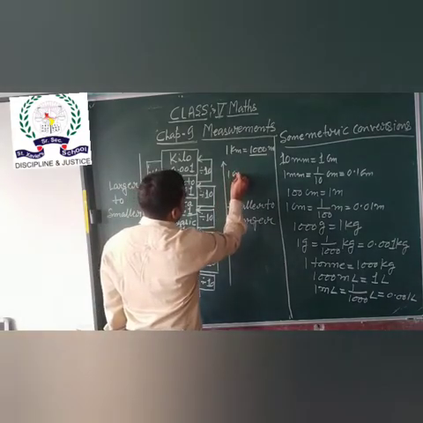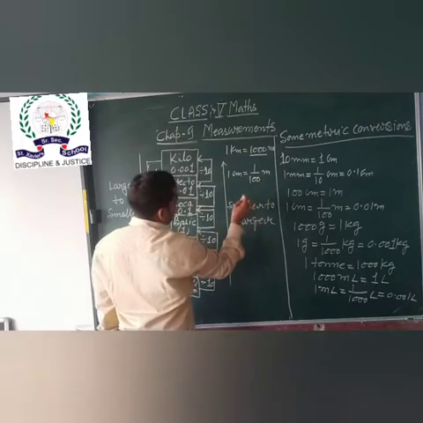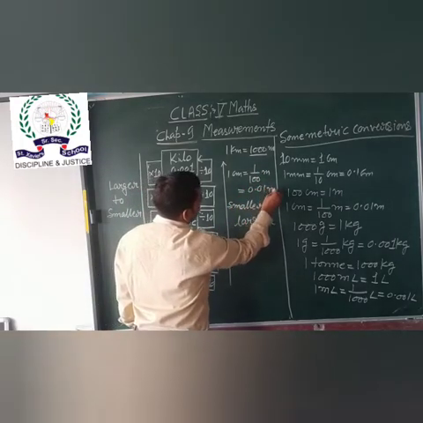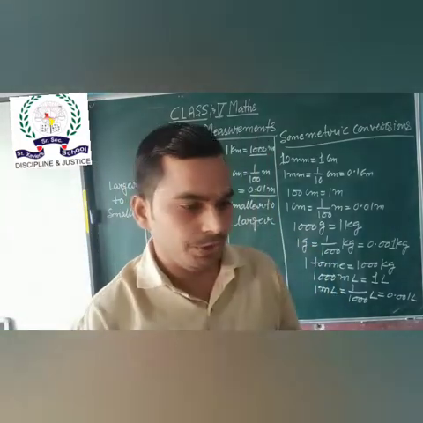So 1 centimeter equal 1 upon 100 meter. If we convert in decimal form, we have 0.01 meter. So 1 centimeter equal 0.01 meter.